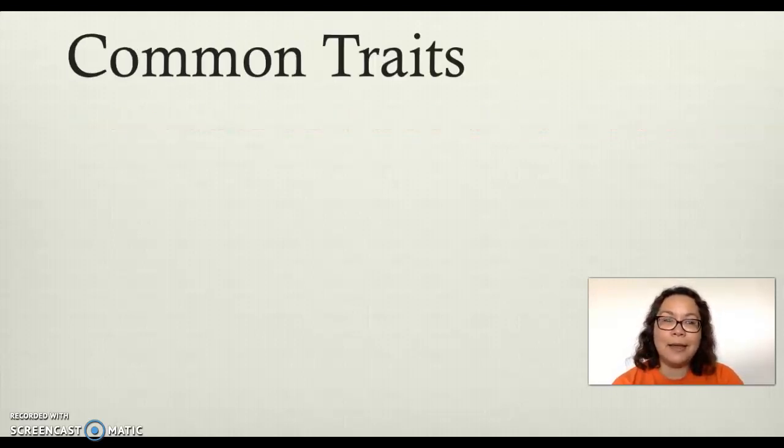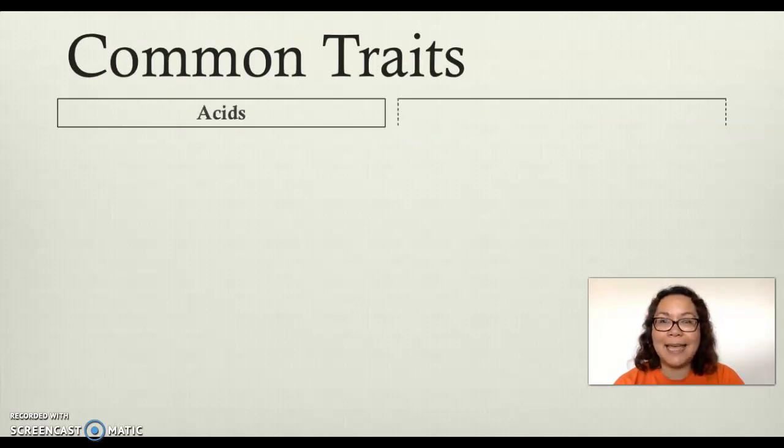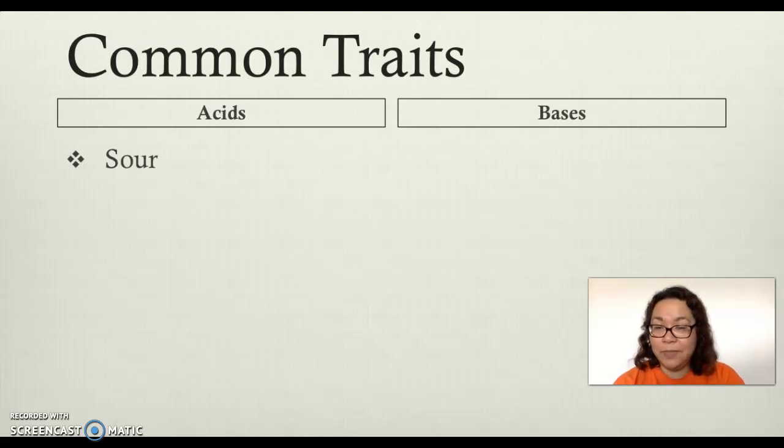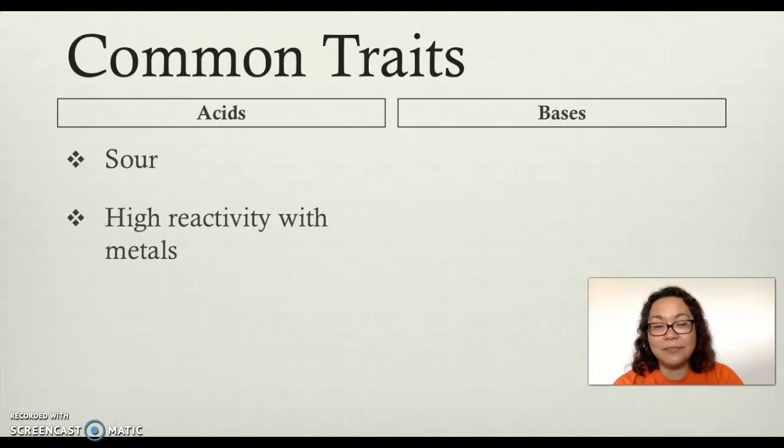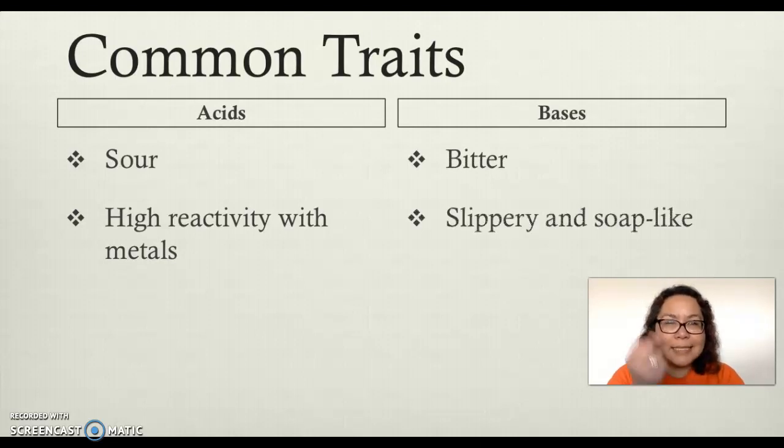Now, let's talk about the common traits of acids and bases. Acids normally taste sour, and they are highly reactive with metals. Bases, on the other hand, have a bitter taste to them and also have that slippery soap-like feel.